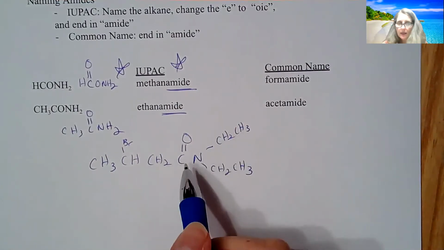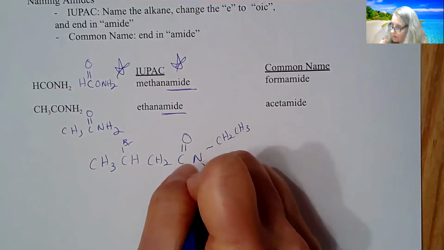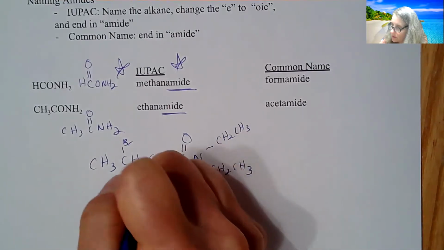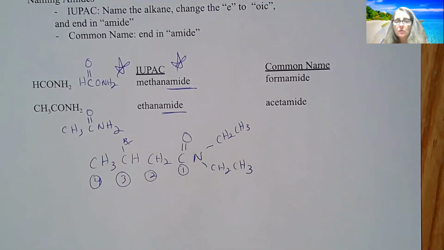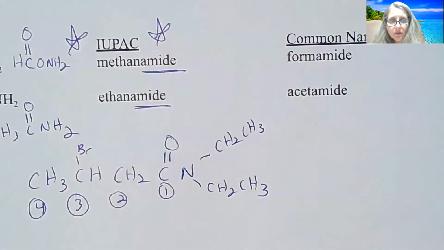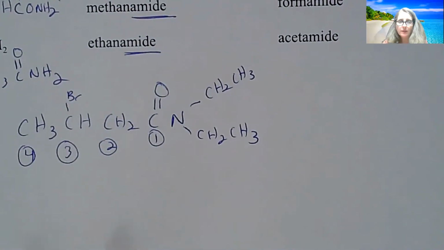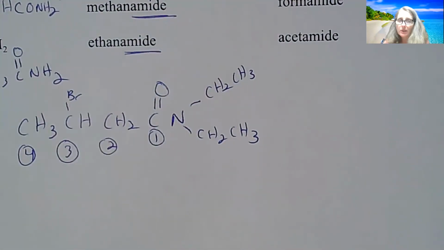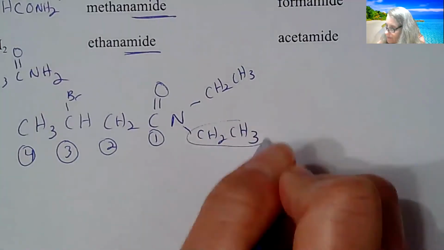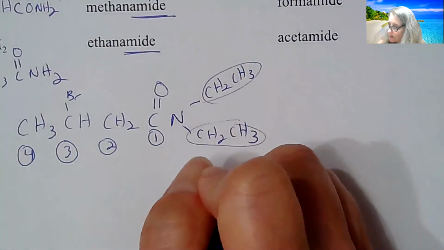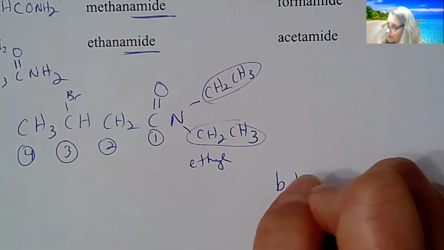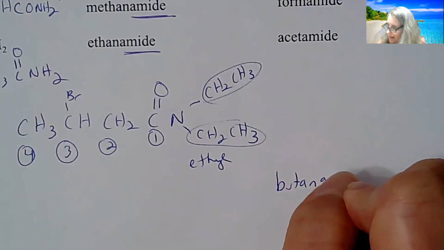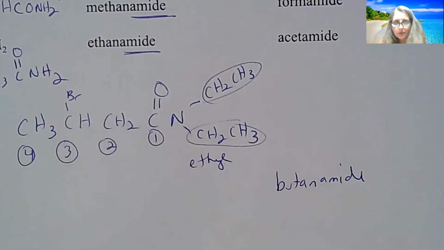So again, with all functional groups, the numbering is going to start with where the functional group is. Even if I have a bromo attached there, I still want to have the functional group as the number 1 carbon. So the bromo is going to be a 3. So here I have both on the nitrogen, ethyl. Okay, they're both ethyl groups. So how do you do that? Well, it's going to end in butanamide. Okay, 4 carbons.